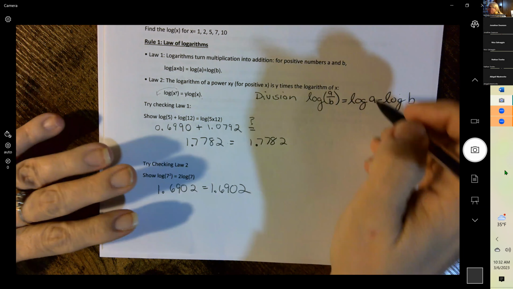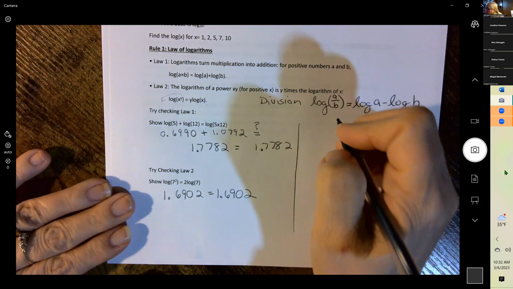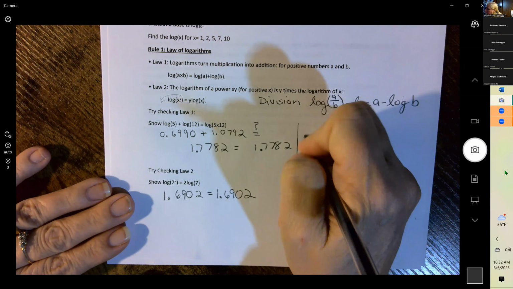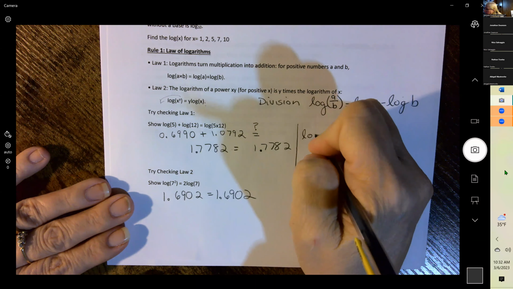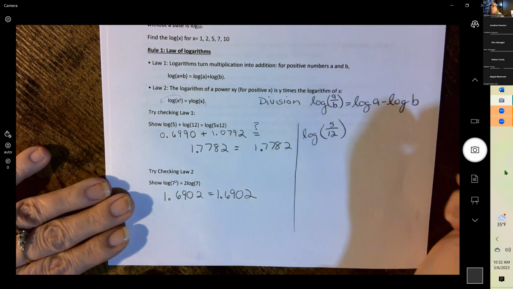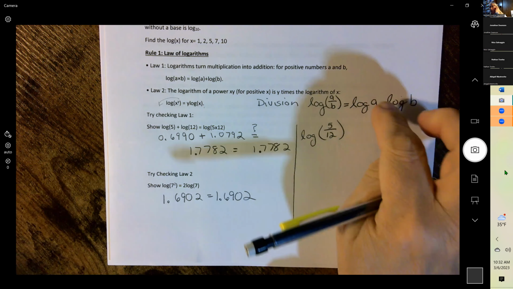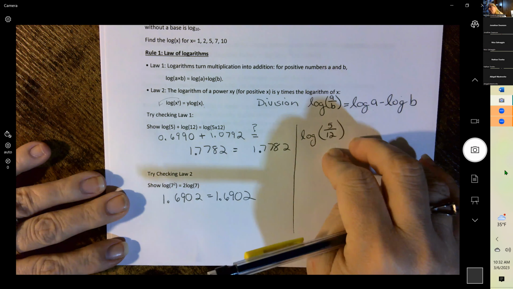Okay, we could do the same thing here to check it. Say we started with the log of 5 divided by 12. Using this formula, we can break that up into a subtraction.